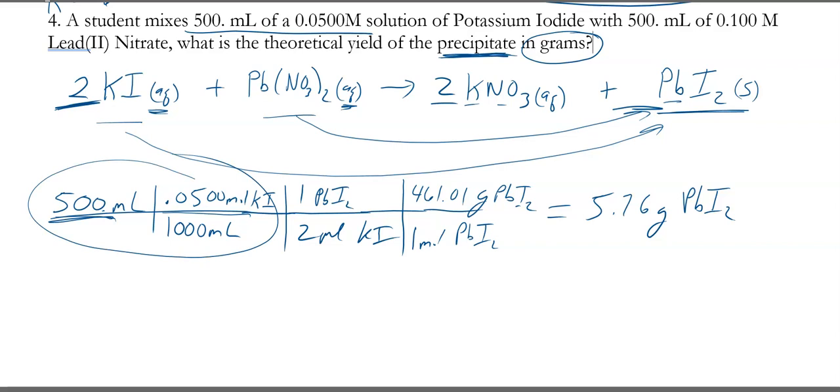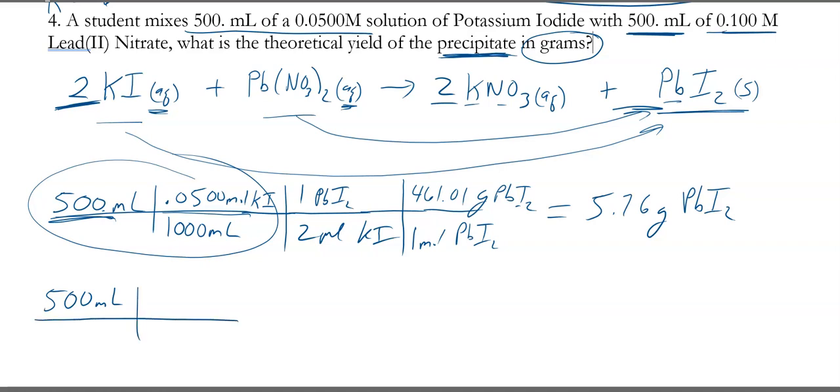Now we need to do the same thing with the lead-2 nitrate. And we have 500 milliliters of that as well. 500 milliliters of the solution from up here in the problem. But this solution is a 0.1 molar.